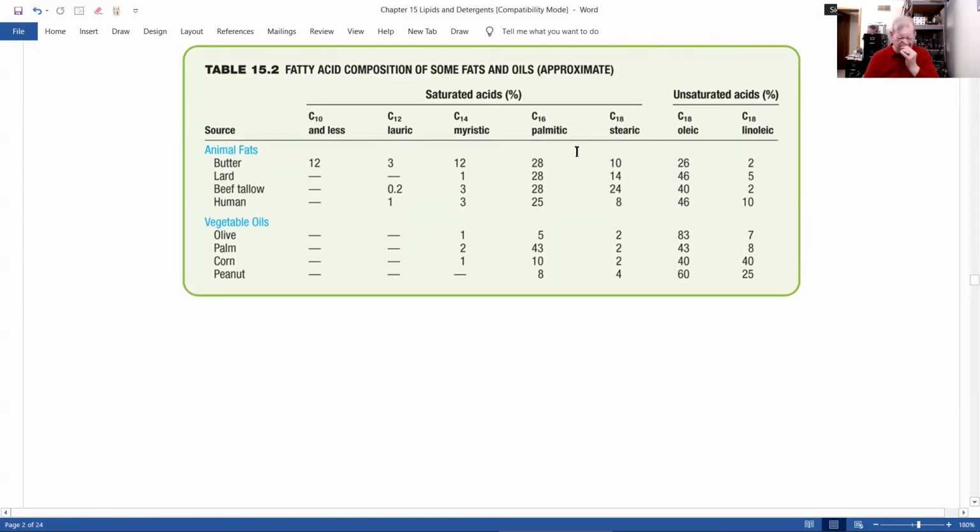And if you've listened to medical science over the last number of years, they've talked about unsaturated fats and oils being much better for you health-wise, meaning clogging up your arteries, than saturated fats and oils, which is why too much butter is not good for you.